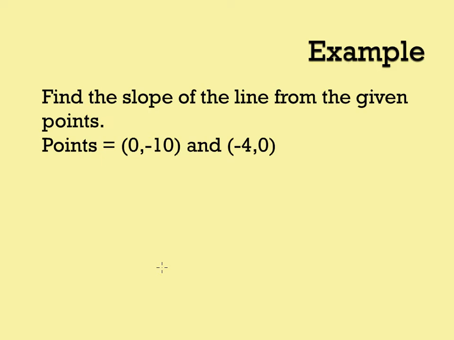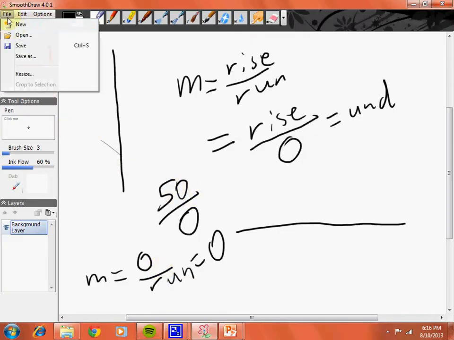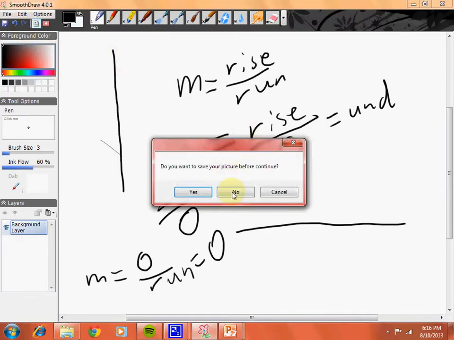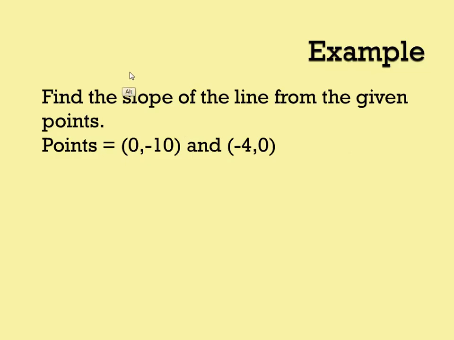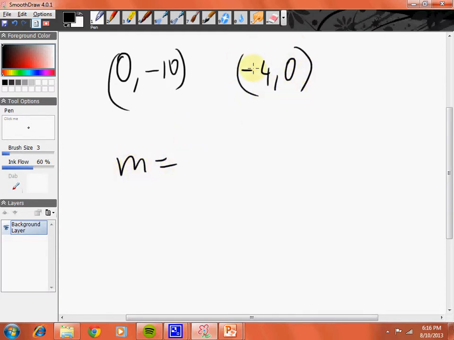So here's an example. Find the slope of a line from the given points. So if you have these 2 points, find the slope. So let's do this. The 2 points are (0, -10) and (-4, 0). Finding the slope.